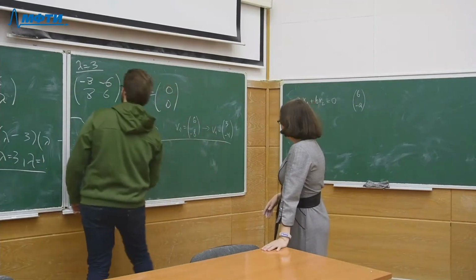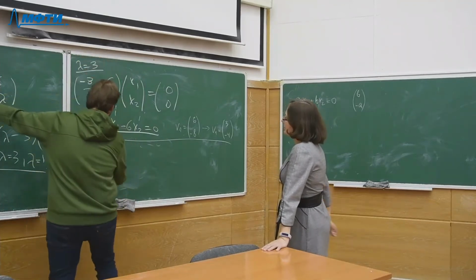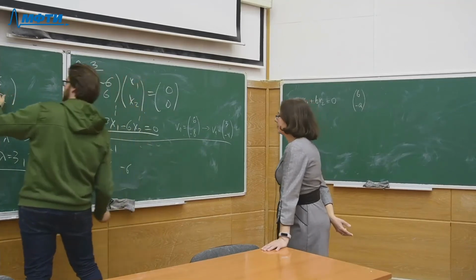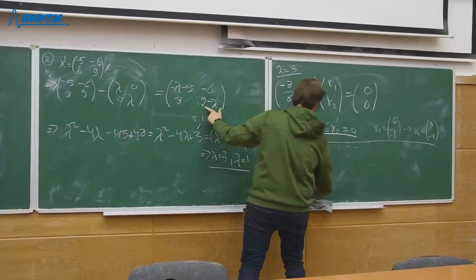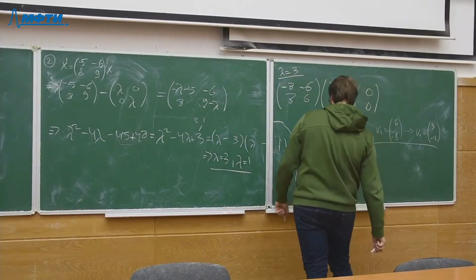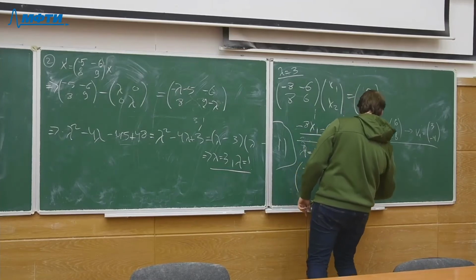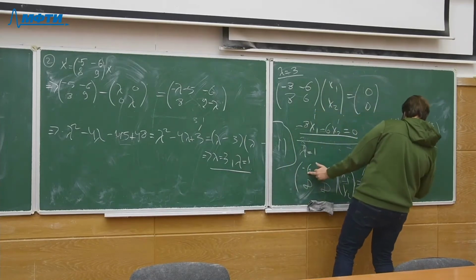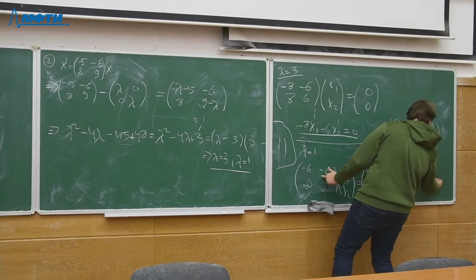Now let's work with lambda equal to 1. Here it's going to be minus 6, minus 6, and this remains 8, and this one is 8. Here it's x1, x2 equal to 0, 0. Then we have minus 6x1 minus 6x2 equal to 0.